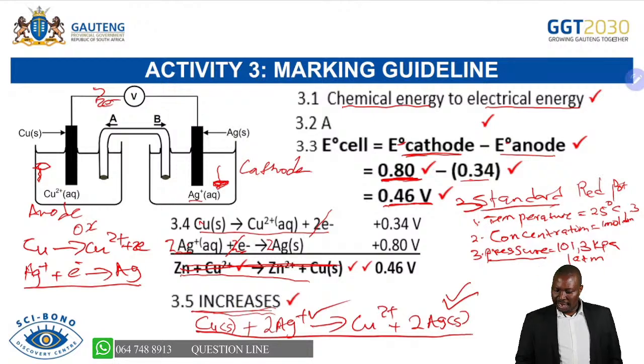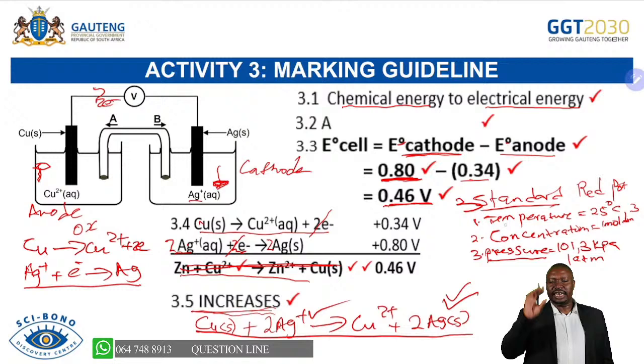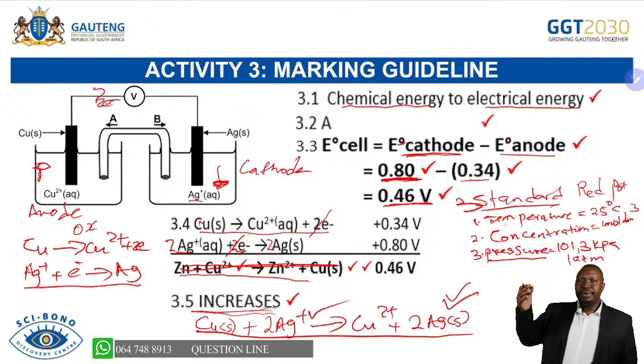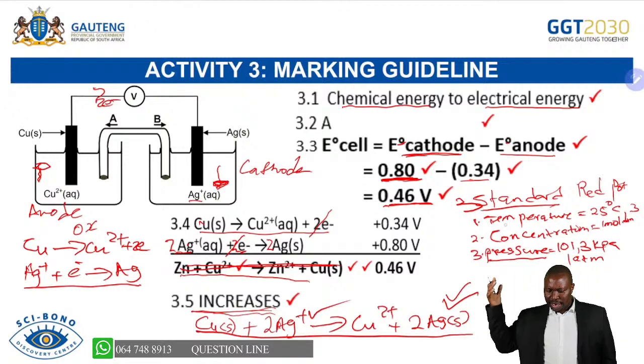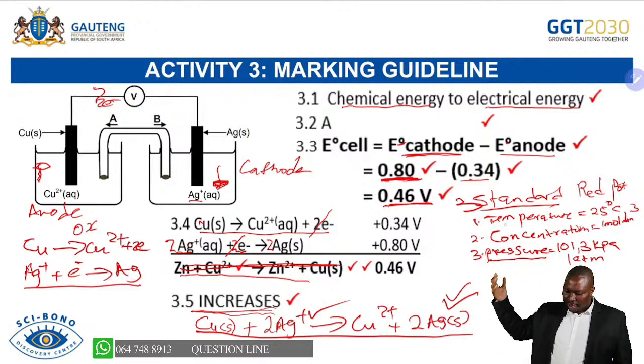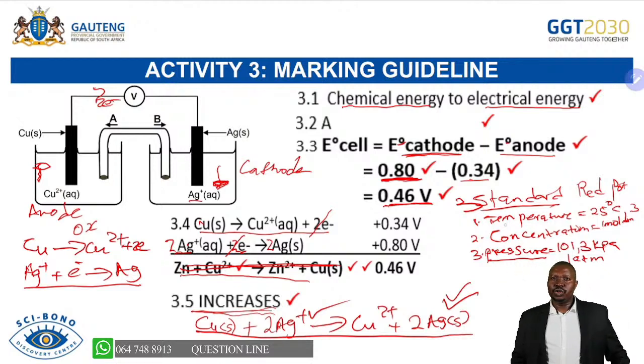We are saying we're going to write temperature first, followed by concentration. But if we say write 3 standard conditions, you can just write temperature, concentration, and pressure, as we were doing when we were talking about equilibrium. Remember, we're still talking about equilibrium here. We said there are 3 factors that affect chemical equilibrium, Cape Town, CPT: concentration, pressure, and temperature.